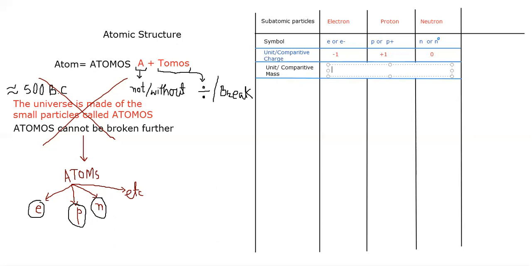I will start from proton. The comparative mass of proton and neutron is always the same. That's why they are regarded as one. The proton mass and neutron mass are always equal. But the electron is considered as 1 over 1836. When you round off that data, you will regard it as 1840.